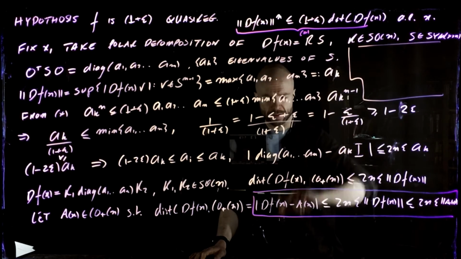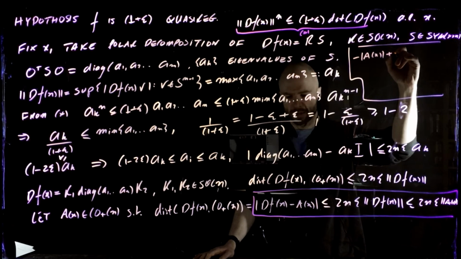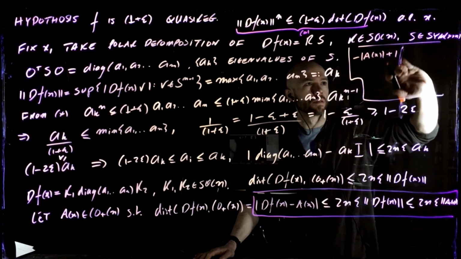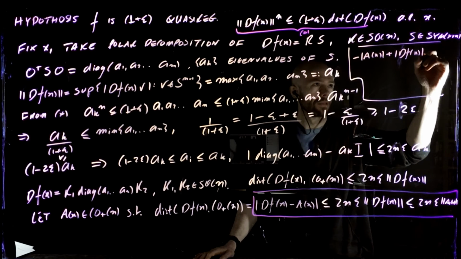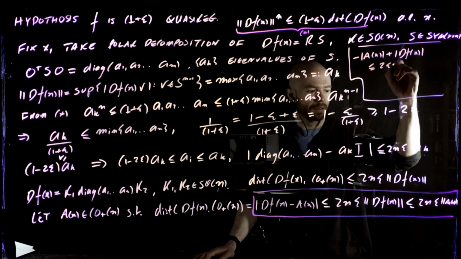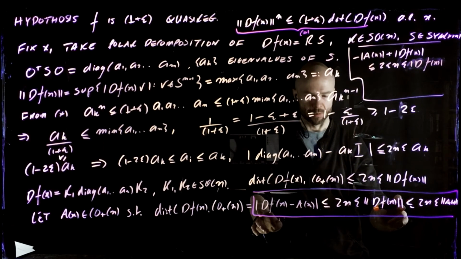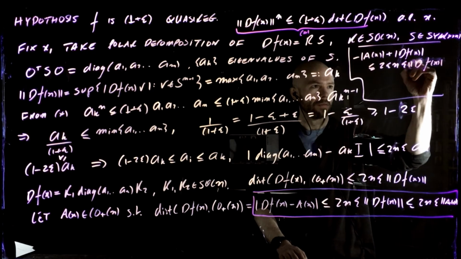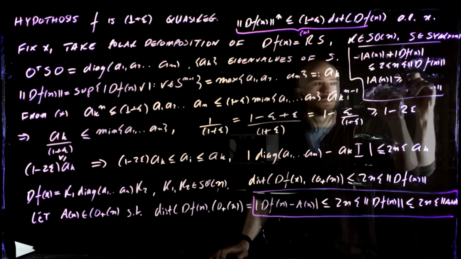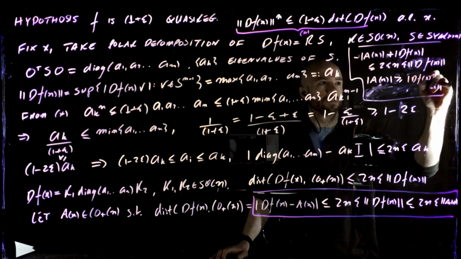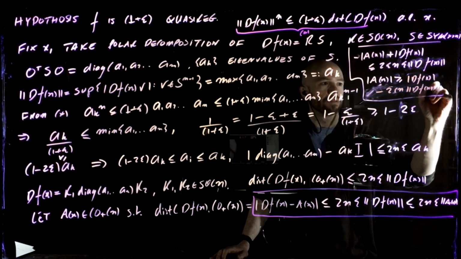So we have this guy, right? So from this inequality, we have that minus A of x plus the gradient f of x is going to be less than 2 epsilon n, the gradient f of x, like this. Just from this that we know. So this is bigger than or equal to the gradient f of x minus 2 epsilon n the gradient f of x, like this.